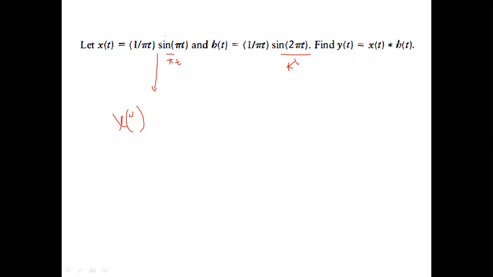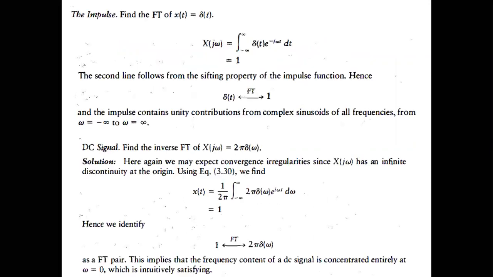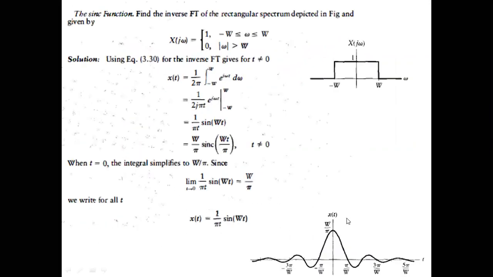We know the template that we are supposed to use here: the sinc in the time domain. Let us see that standard result, sinc in the time domain, sine omega t divided by pi t. Here we had sine pi t and sine 2 pi t.